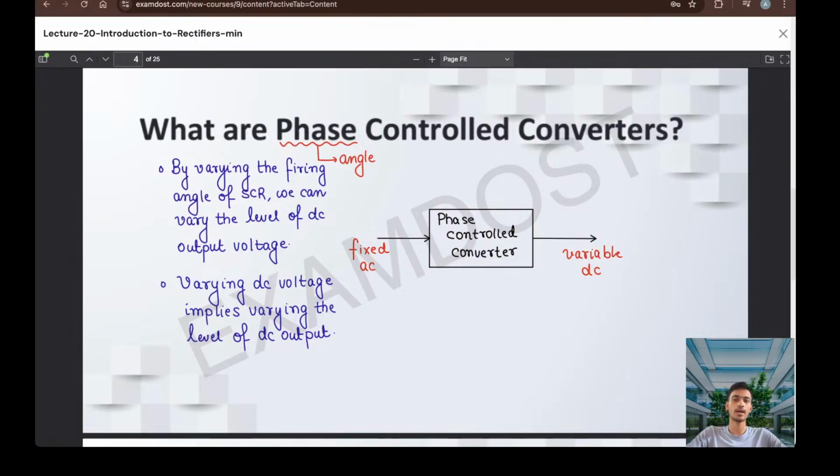In the SCR, there's a firing angle. We can vary the firing angle, and that's how we vary the levels of DC output voltage. Varying DC voltage implies varying the level of DC output.